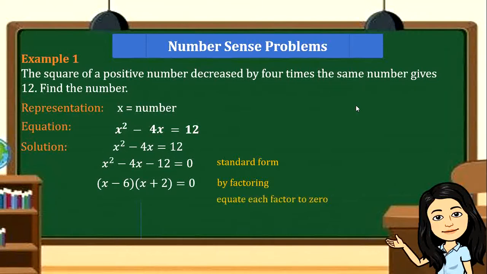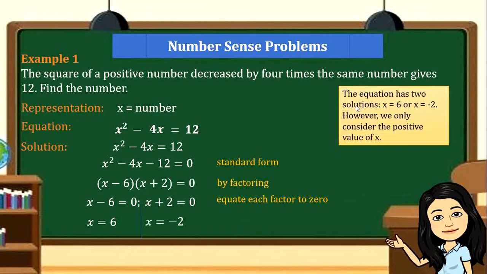Next, equate each factor to 0. So we have x minus 6 equals 0, and x plus 2 equals 0. And then solve for the value of x. So x is equal to 6, and x is equal to negative 2. So the equation has two solutions, x equals 6 or x equals negative 2.